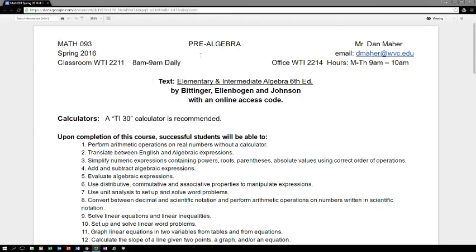Also, this syllabus is for my in-class classroom, and this quarter is kind of unique. I'm going to be teaching the same class that I have online with you guys, and an 8 o'clock class every day of the week in room 2211.